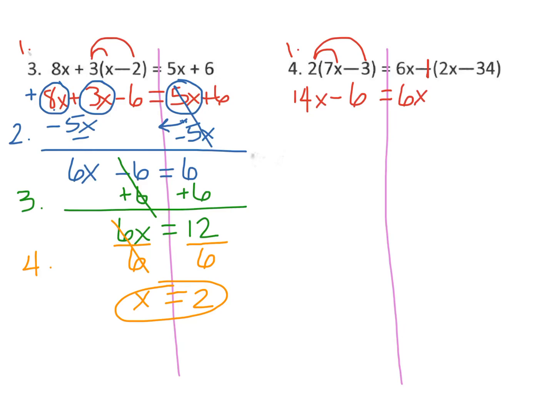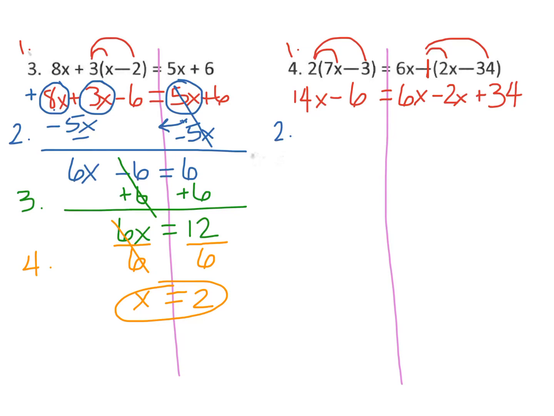I want you to remember that that is a negative 1, and we have a second parenthesis, so we need to distribute a second time. So negative 1 times 2x is negative 2x. Negative 1 times negative 34 is a positive 34. Okay, so we've done step 1.